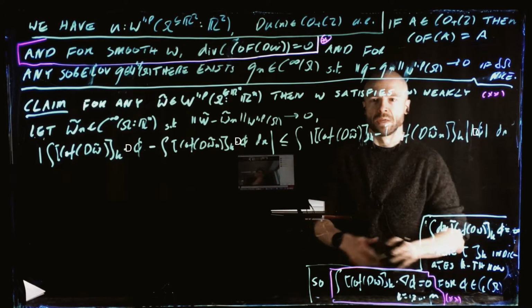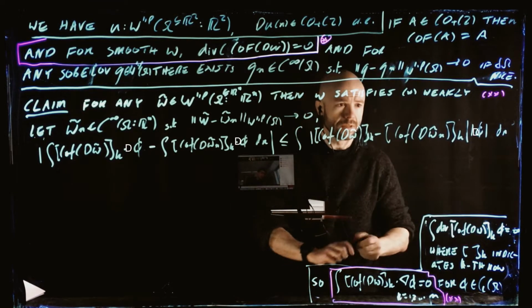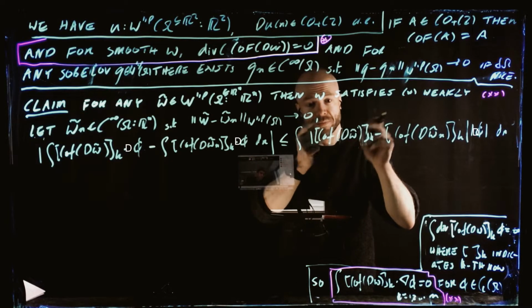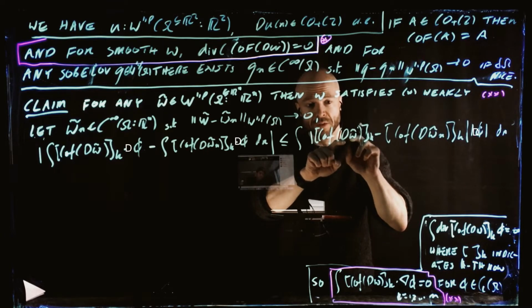Then we can just apply Hölder's inequality, because what is this? This is just a vector created out of individual components of these derivatives, yeah?